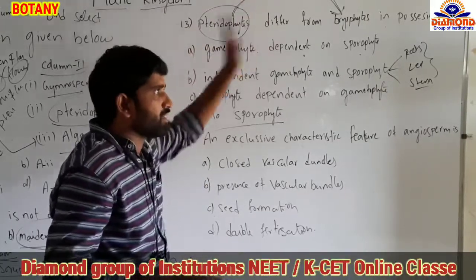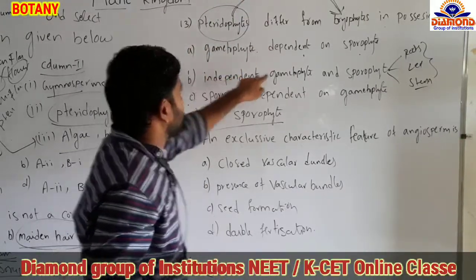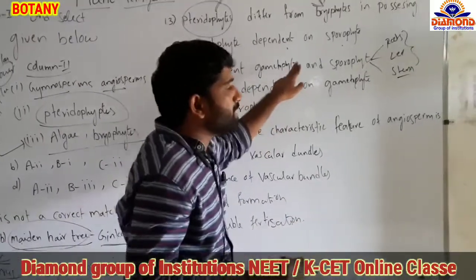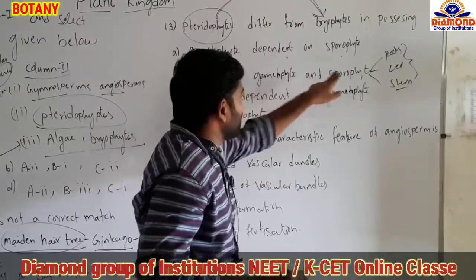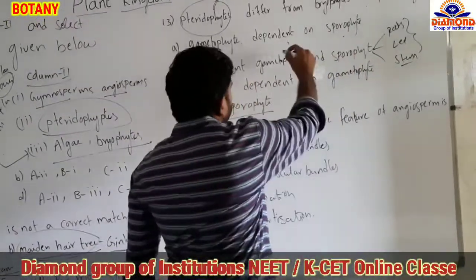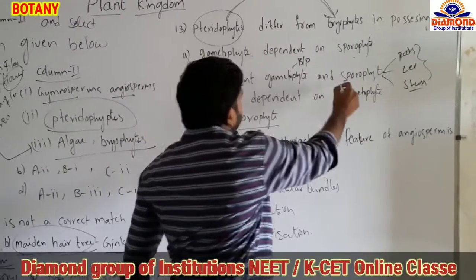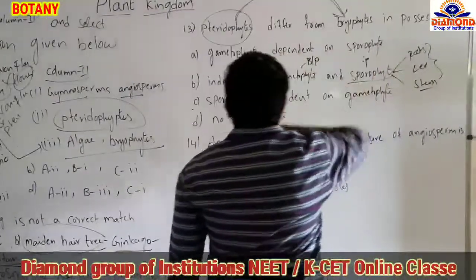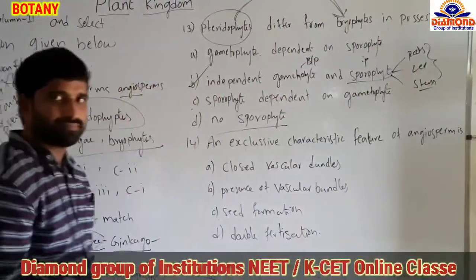A free living gametophyte body is seen in both bryophytes and pteridophytes, but a free living sporophyte body is seen in pteridophytes only. So the answer is B.